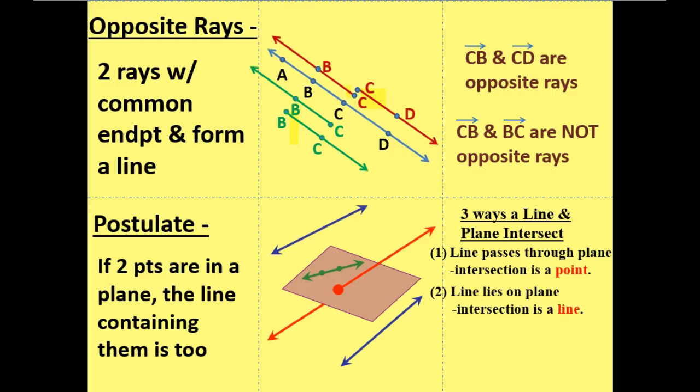So, if the line lies on the plane, the intersection is a line, because what you're looking for is what do they share? They share everything that's on the line. They don't share everything that's on the plane. Everybody okay with that one? That's the one that might take a minute to sink in, and then you'll be like, oh, I get it. We might have to come back and revisit that. Okay.